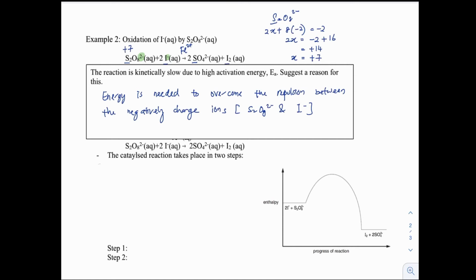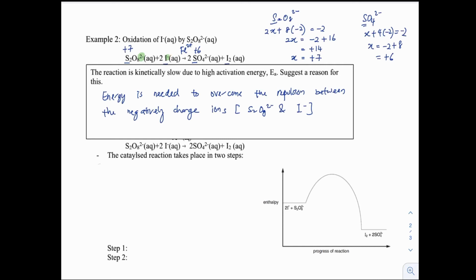Whereas for the SO4 2-, this sulfur is x equals negative 2 plus 8, and therefore x equals plus 6. So the oxidation number of this sulfur is plus 6.